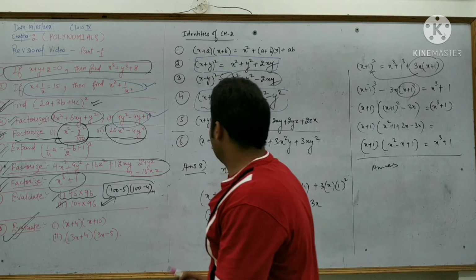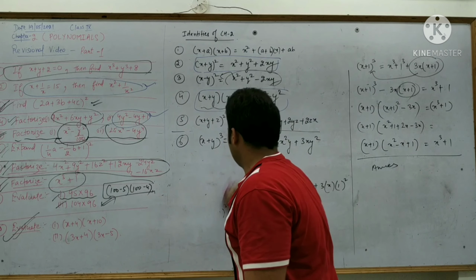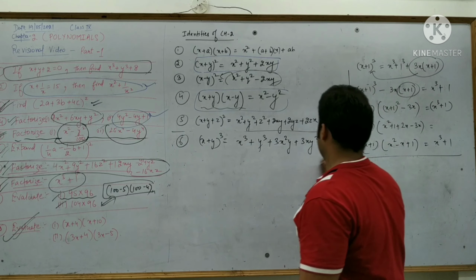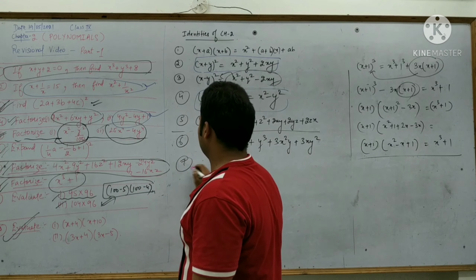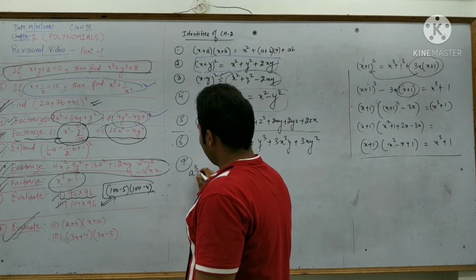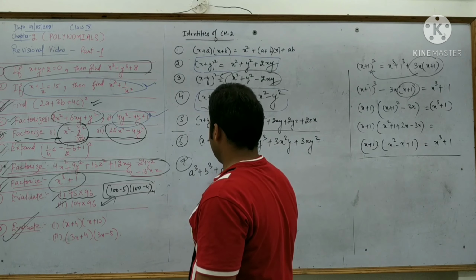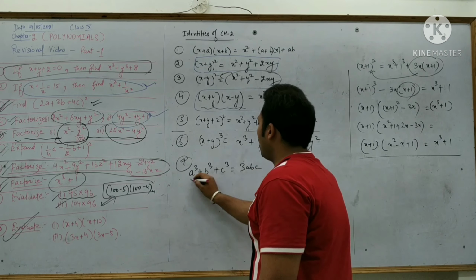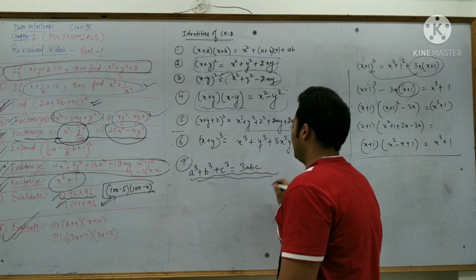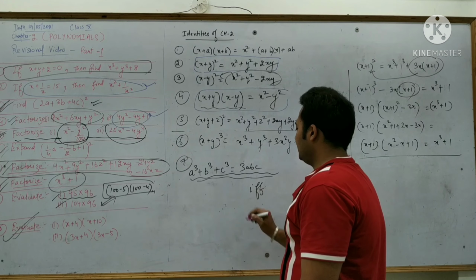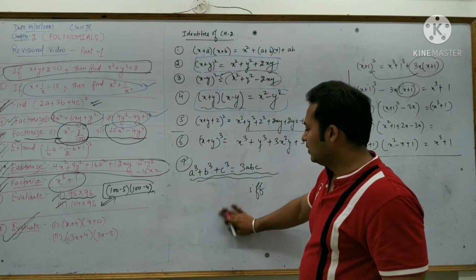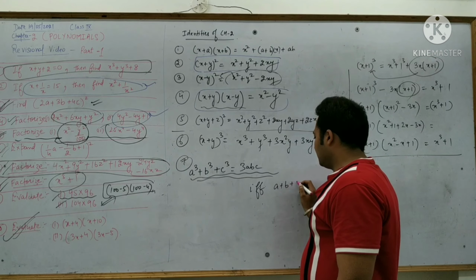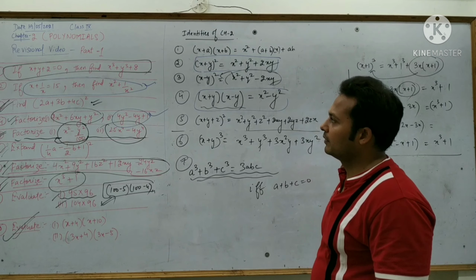Okay, so the identity that is to be used for solving this question is a cube plus b cube plus c cube is equals to 3abc only and only when, iff means if and only if, the sum of the individual numbers is 0.